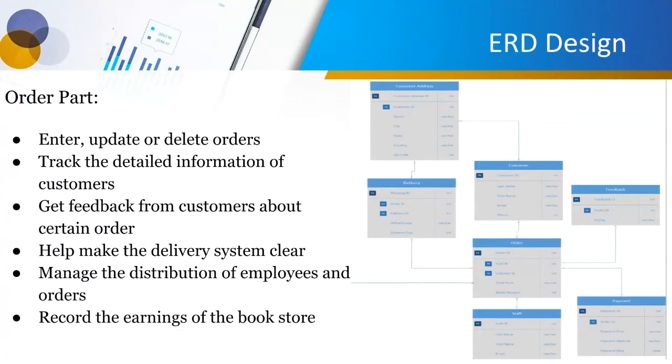In the order part, it contains information including customers, delivery, feedback, staff, and payments. Staff can enter, update, or delete orders, track the detailed information of the customer, get feedback from customers about a certain order, track the delivery condition, manage the distribution of employees and orders, and record the earnings of the bookstore.